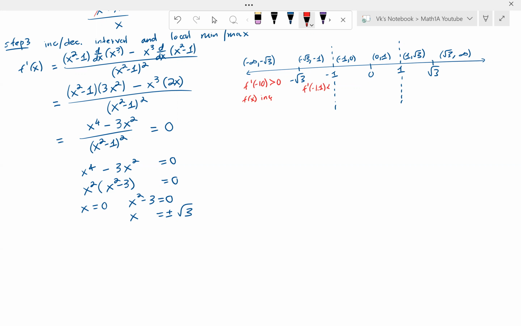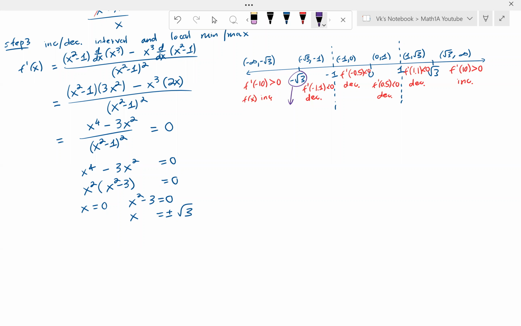You see that it's less than 0, so decreasing. f prime of negative 0.5, also less than 0, decreasing. f prime of 0.5, less than 0, decreasing. f prime of 1.1, less than 0, decreasing. f prime of 10, greater than 0, increasing. Okay, so be very careful here.